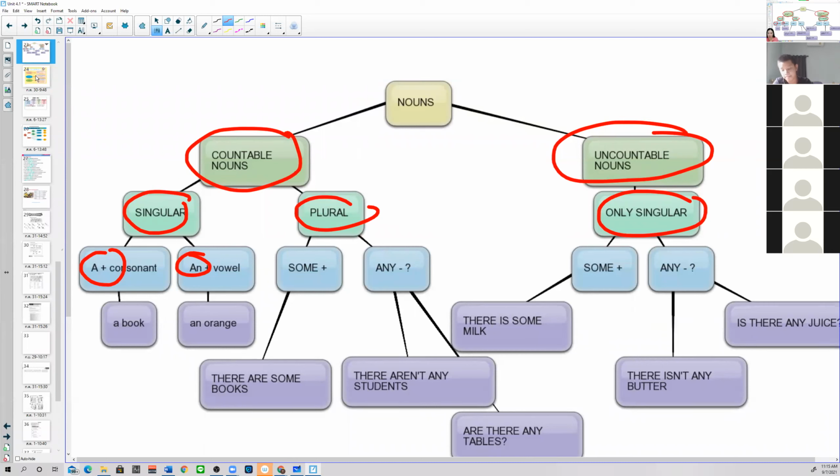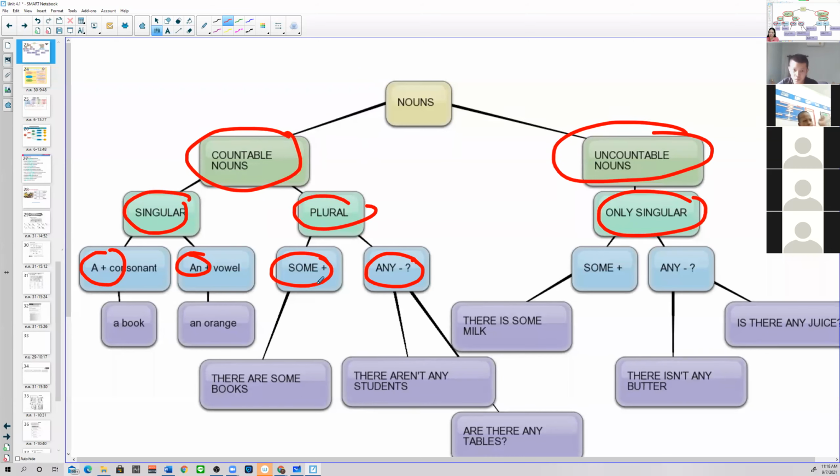So for countable nouns, we have to separate them first. First, we must know what kind of noun it is. If it's countable nouns, you have to think whether it's singular or plural. If it's singular, you have to think, should I use a or an, right? And if it's plural, you have to use some or any.